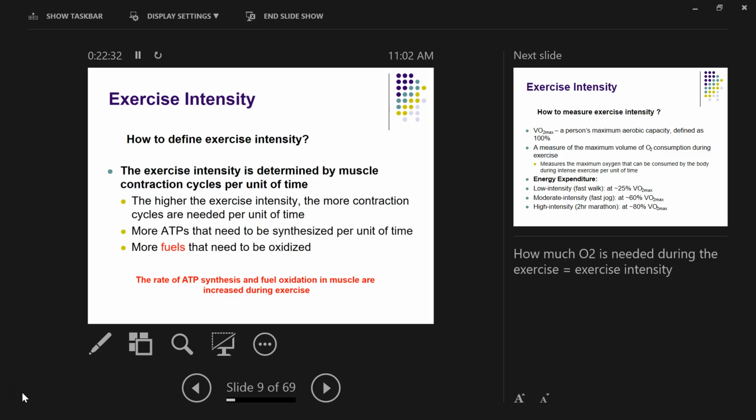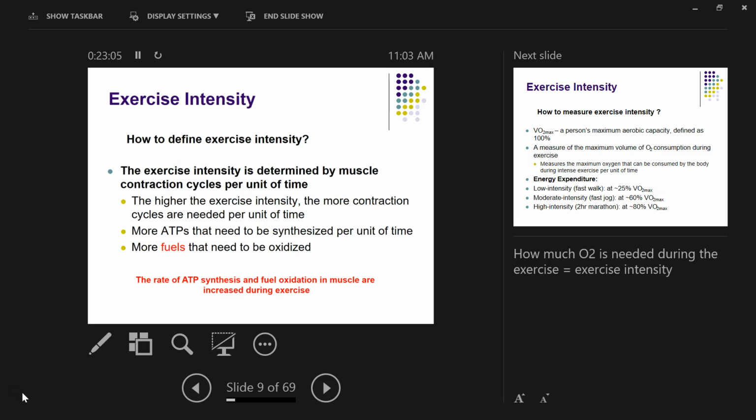So the higher the exercise intensity, the more contraction cycles are needed per unit of time. So more ATP is needed when you have more contraction cycles, right? More ATPs need to be synthesized within a certain unit of time. So that means more energy fuels are needed, right, to oxidize to produce ATPs.